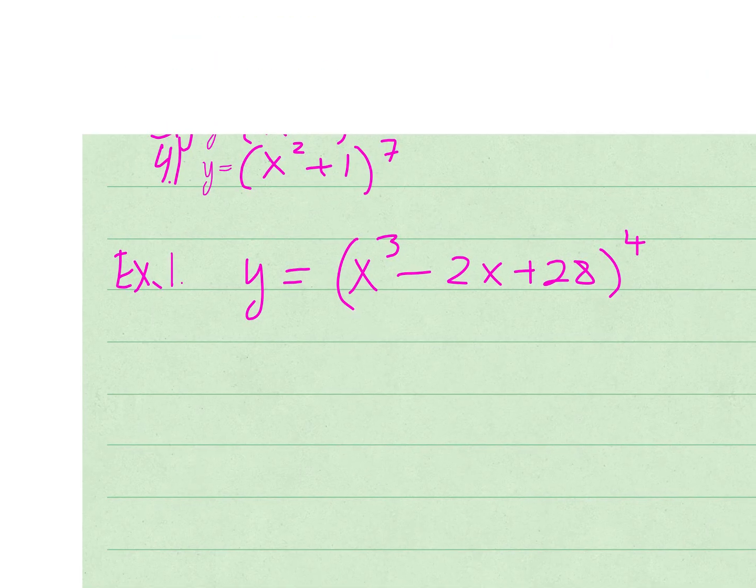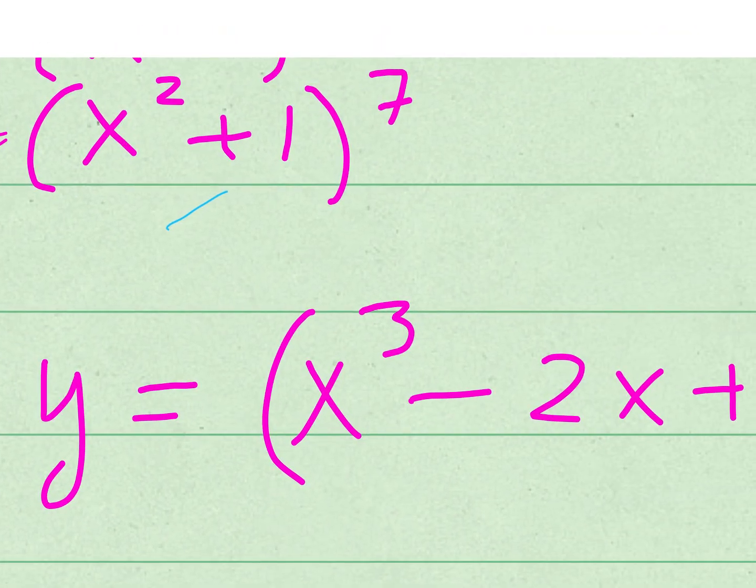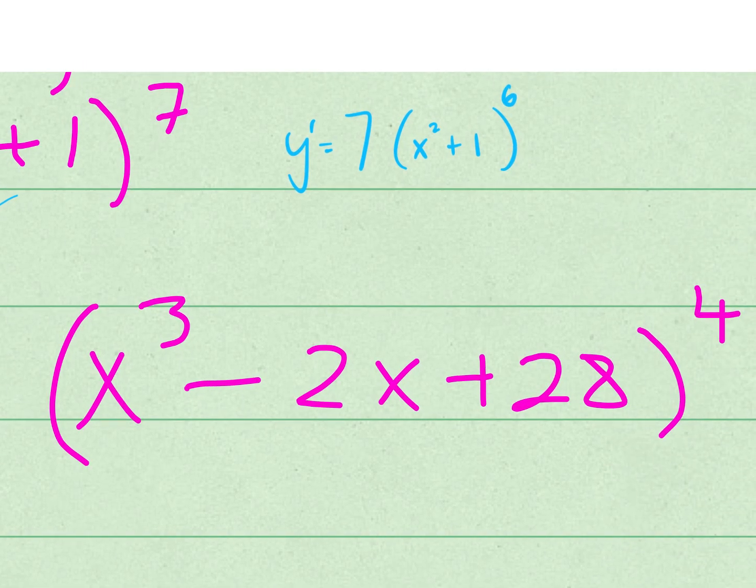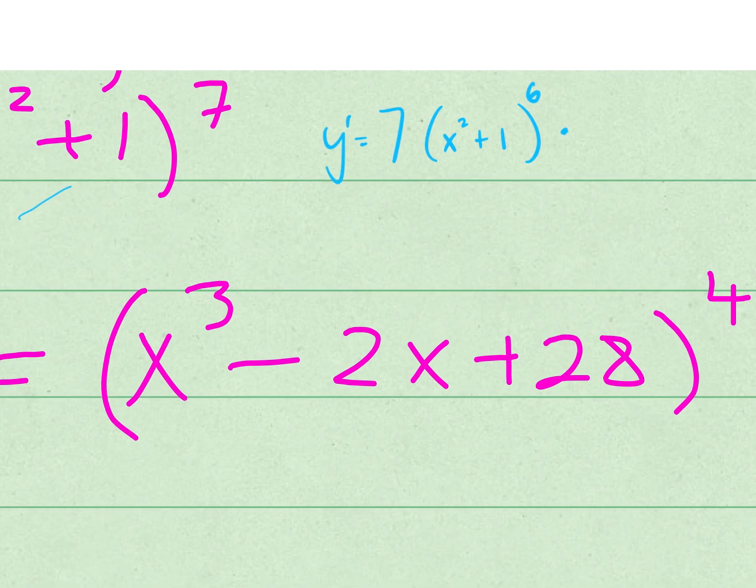All right, let's look at 4 up at the top. So again, we're going to do our chain rule here. So the derivative of the outside would be 7. The inside just stays the same when we take the derivative of the outside. So 7 times x squared plus 1. What's our exponent on it now? To the 6th power times the derivative of the inside. What's the derivative of x squared plus 1? 2x.